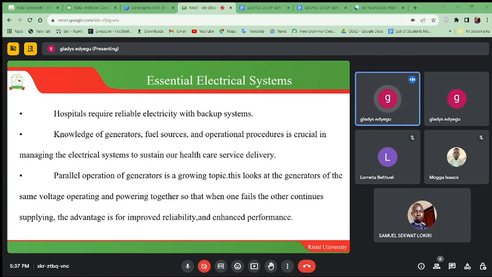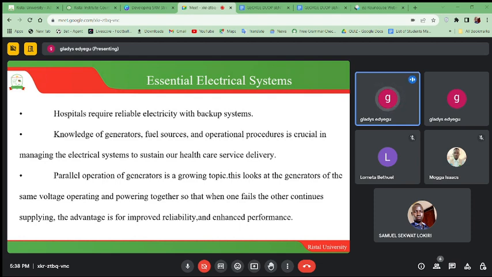So we do this basically to improve the reliability and enhance performance. Reliability is very important for power in the hospitals, and in that way they are able to enhance the performance of our health providers, because they cannot provide healthcare services if they don't have this electricity or power running when they are to use these machines.